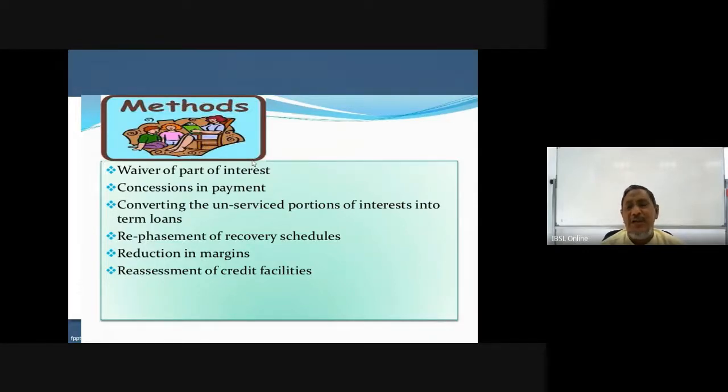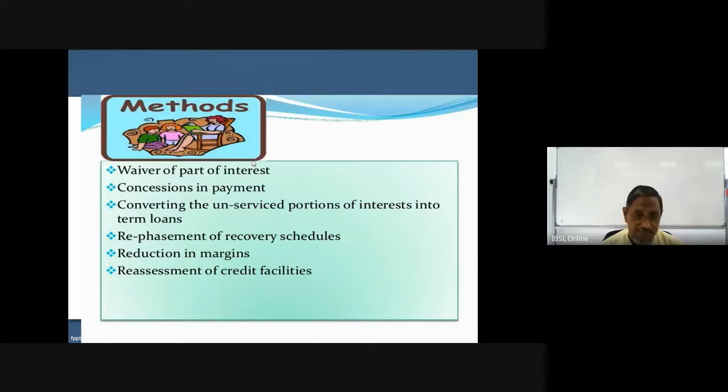But the customer may not like that because he has to pay interest over interest. When you add to capital, you have to pay interest on that also. So he may not like that. But we may be able to convince him for a small amount, or maybe we can convince him for a large amount.